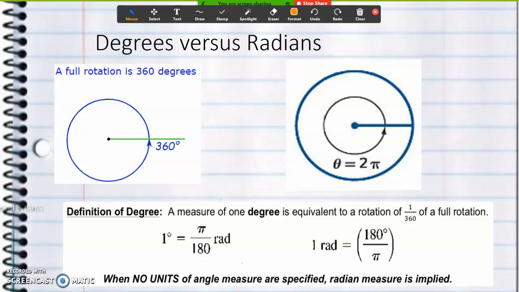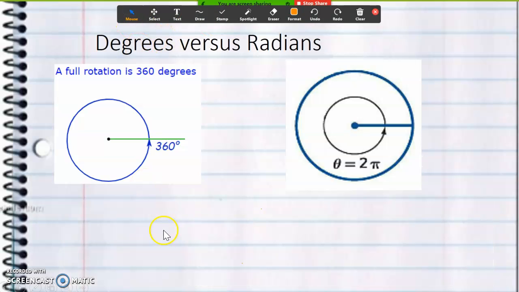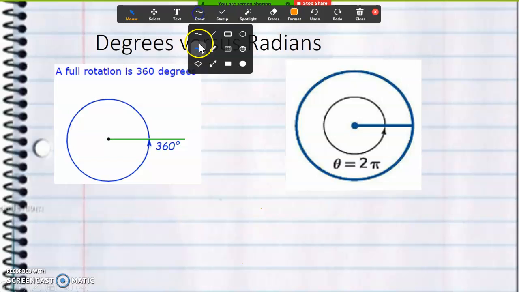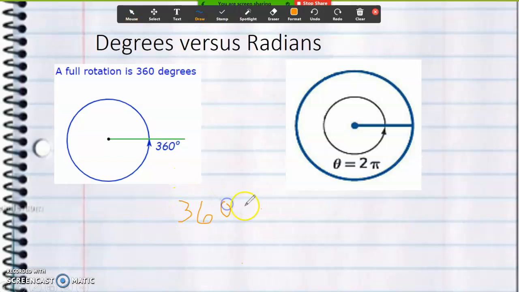Okay? The definition of a degree is that a measure of 1 degree is equivalent to a rotation of 1 out of 360 of a full rotation. Basically, you just need to know that 360 degrees is equal to 2 pi. And since this is an equation, we can simplify this by dividing both sides by 2.